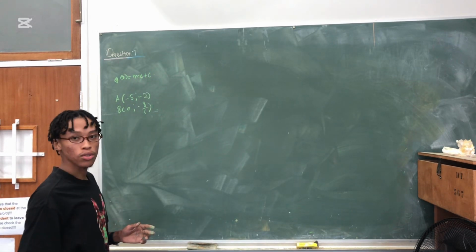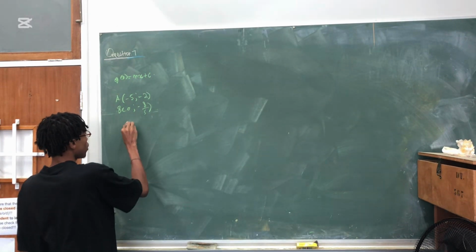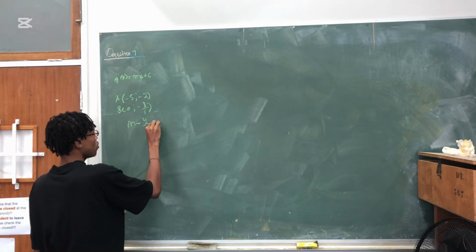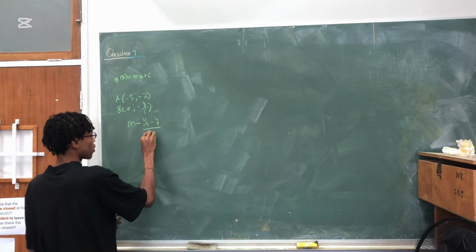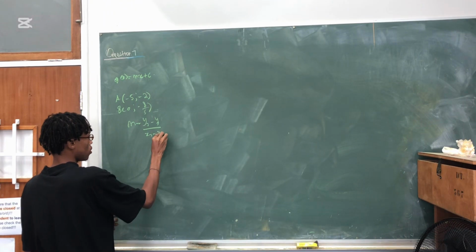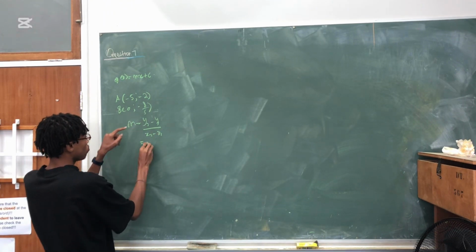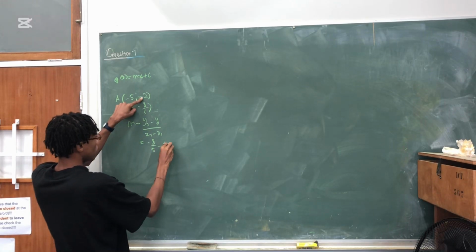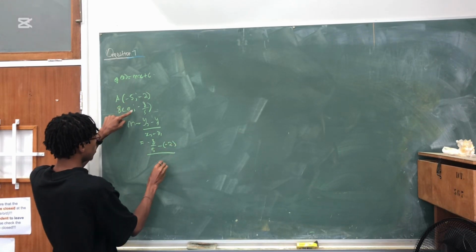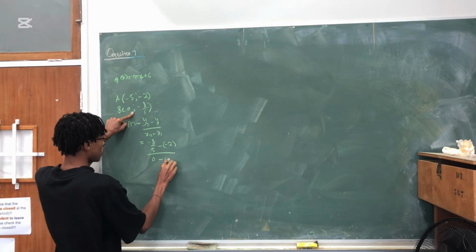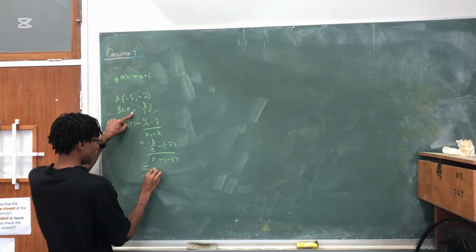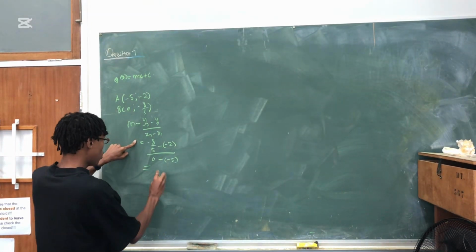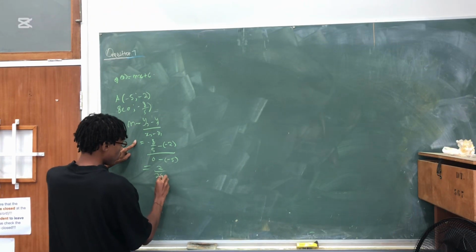The first thing that we're going to do is find the gradient. The gradient is y2 minus y1 over x2 minus x1: -8 over 5 minus -2 over 0 minus -5. Our gradient is going to be 2 over 25.